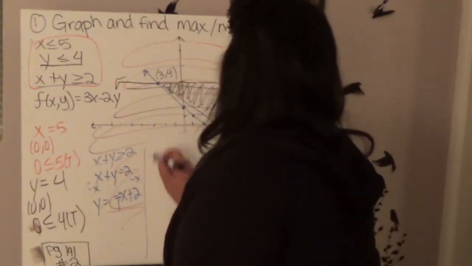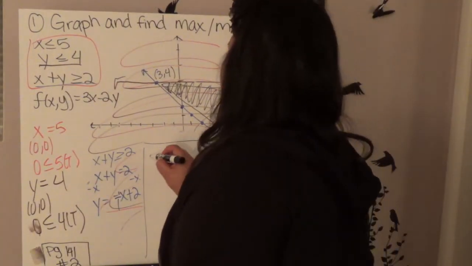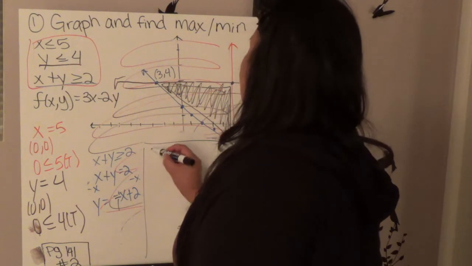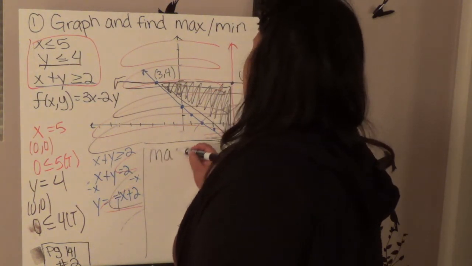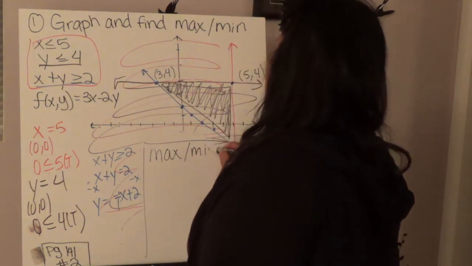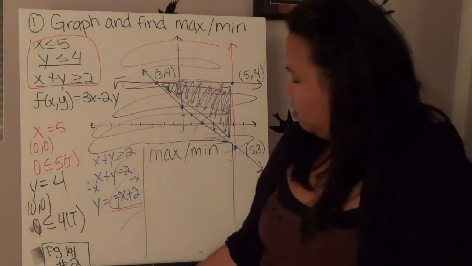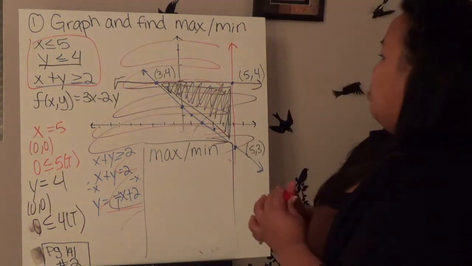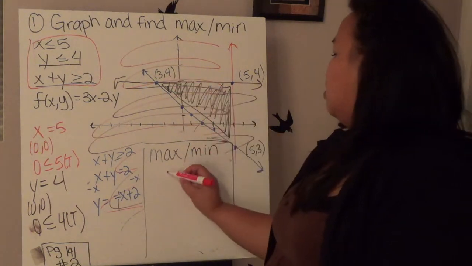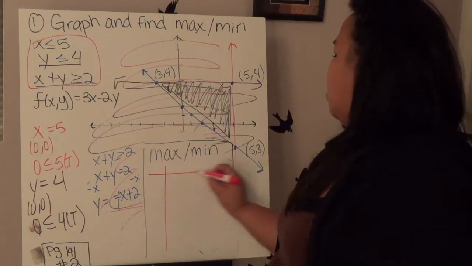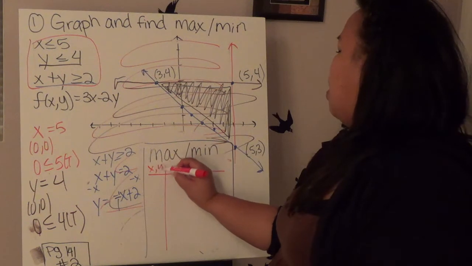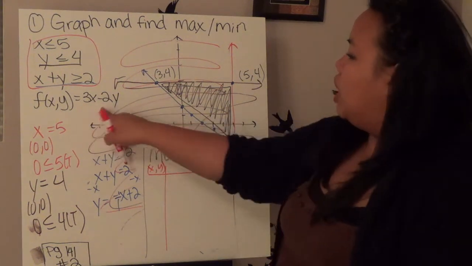This is how we're going to find max and min. Okay? What I'm going to do is I'm going to have my vertices, my x comma y, and I'm going to plug it into this equation.